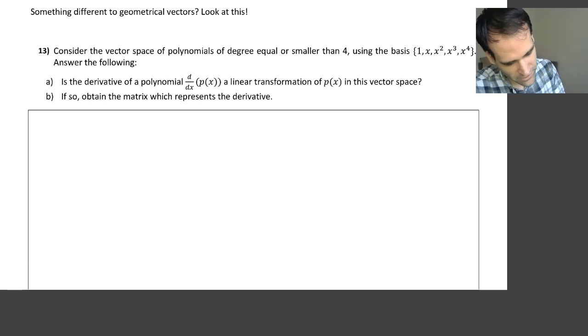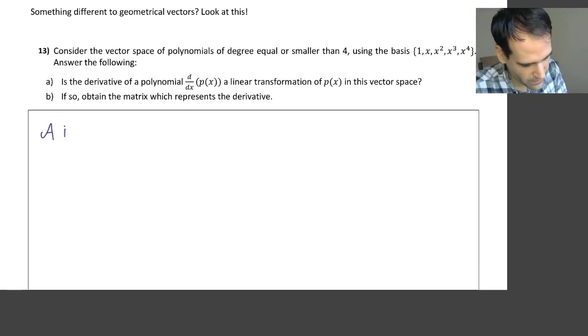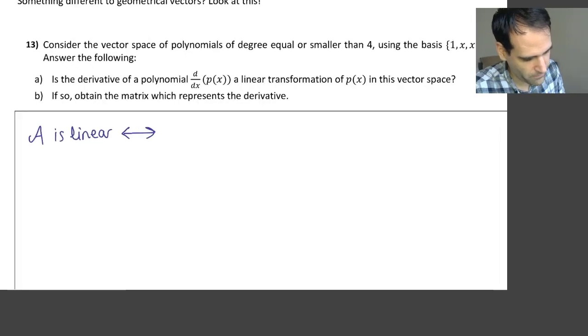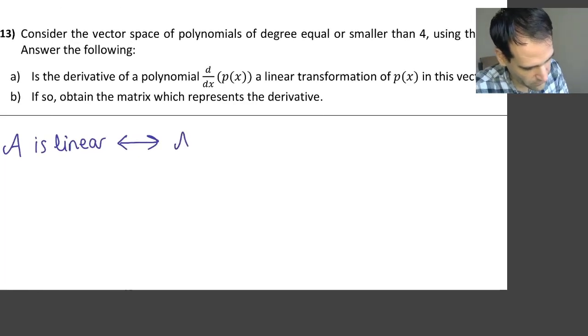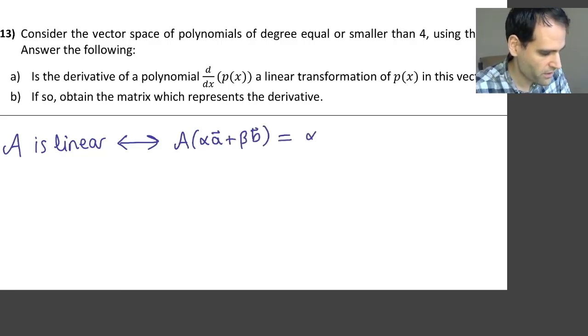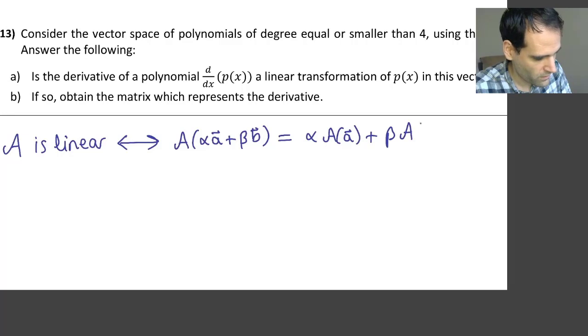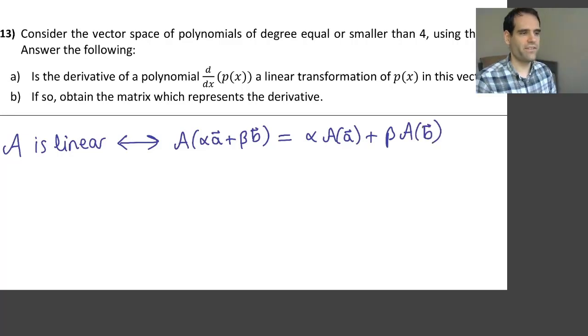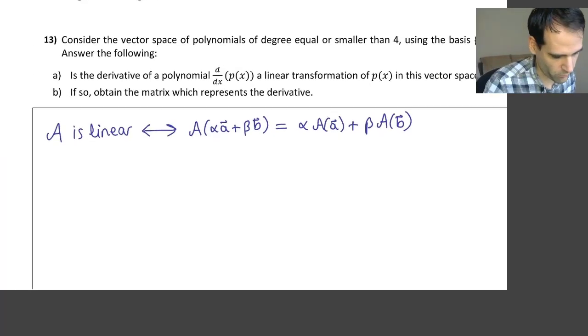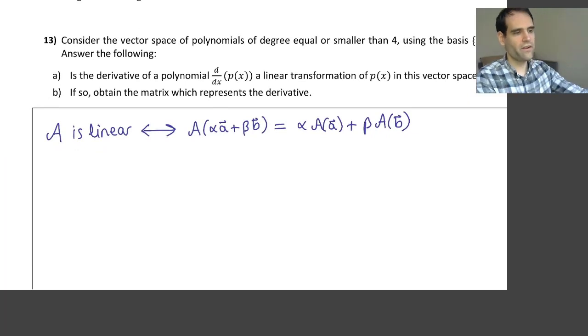So a transformation A is linear if and only if the transformation applied to a linear combination of vectors is equal to the linear combination of the transformation of the individual vectors. Yeah, that's the definition of linearity. Now, can we apply it to the derivative?